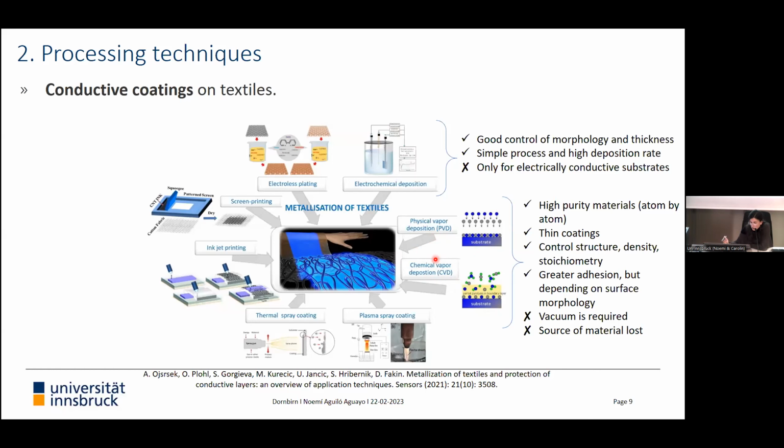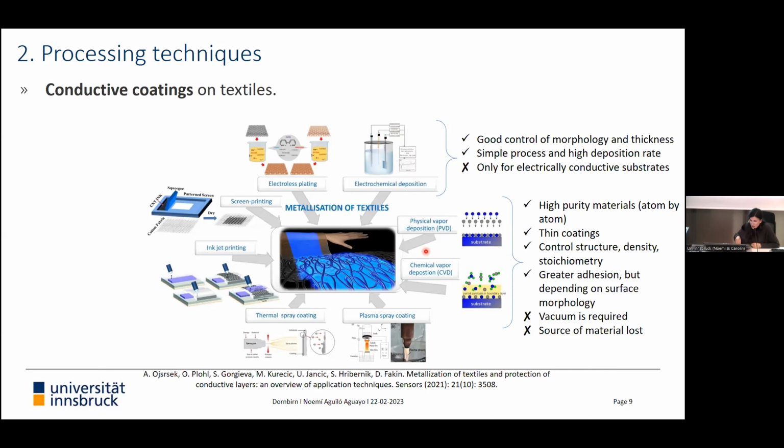Here it allows you to create high purity thick coatings. And also you are able to control the structure and the stoichiometry of your coating. It also provides you a high adhesion, but it also depends on the substrate. If you have a 3-dimensional substrate, we have some shadows.